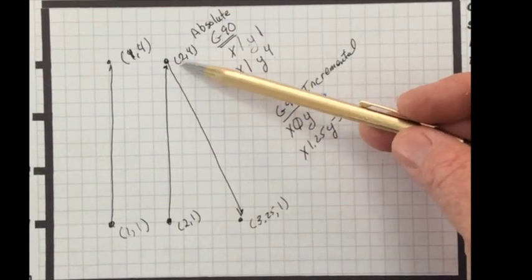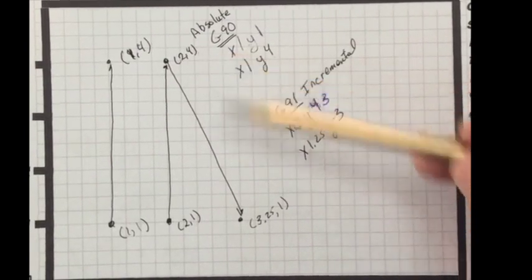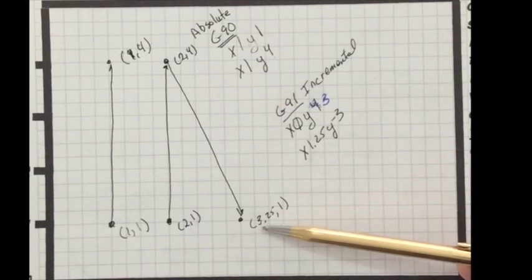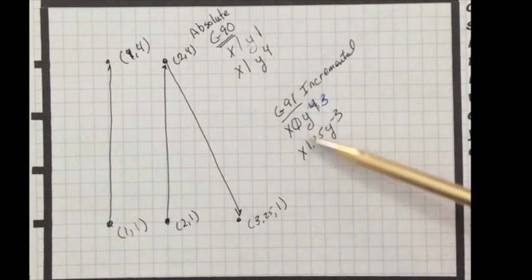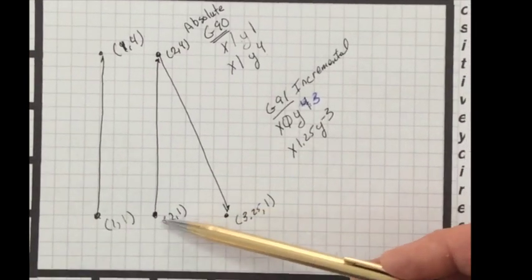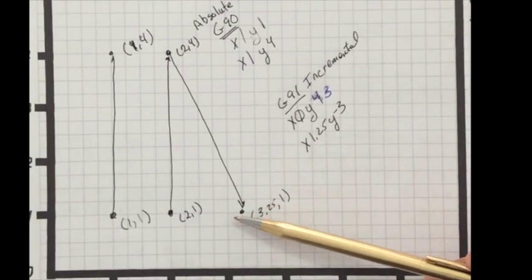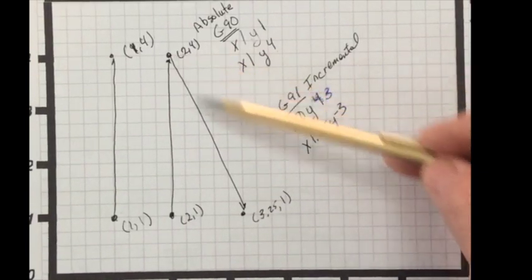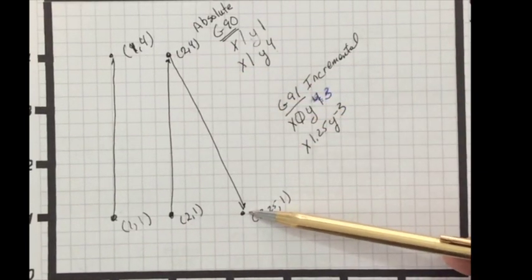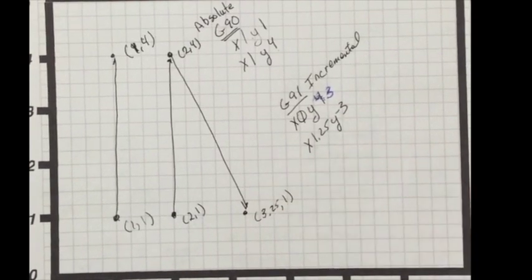Now to go from this point, which is 2 comma 4, to this point, 3.25 comma 1, it would be a change in the x direction of 1.25 and a change in the y of minus 3 units. Seems easy, right?